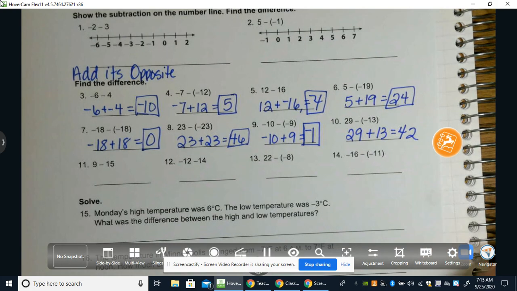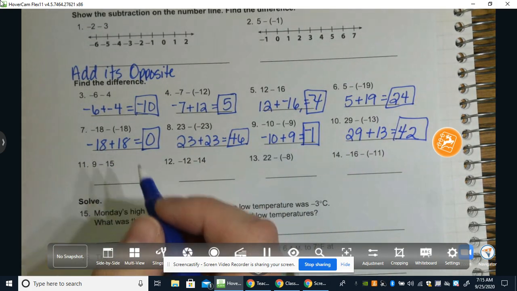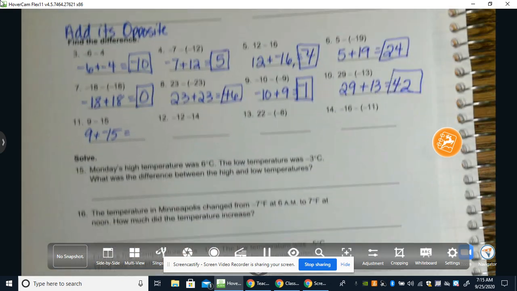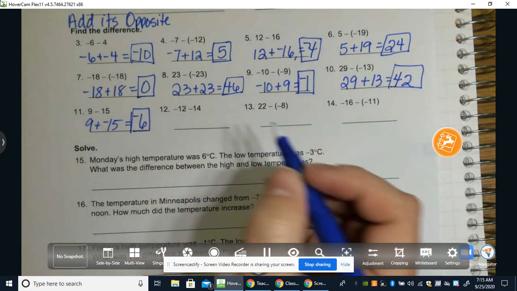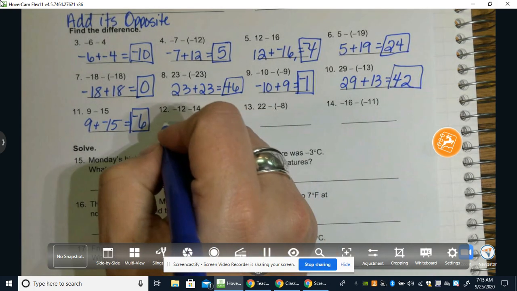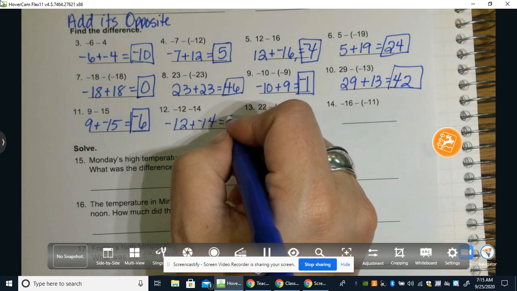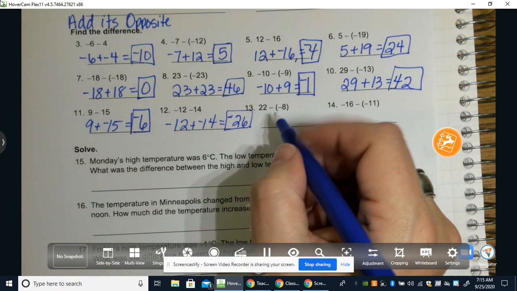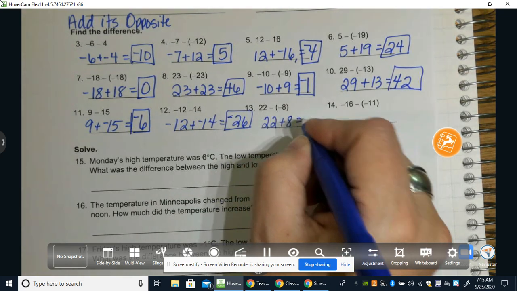Okay, next one. Box that in real quick. 9 minus 15, that's 9 plus a -15. So I subtract, so that would give me 6, and it would be negative because I have more of a -15 than a positive 9. -12 minus 14, that'd be -12 plus a -14, so same signs, add and keep the sign, so that would give me a -26. 22 minus a -8, so that's 22, add the opposite, which would be 8, which gives me 30.